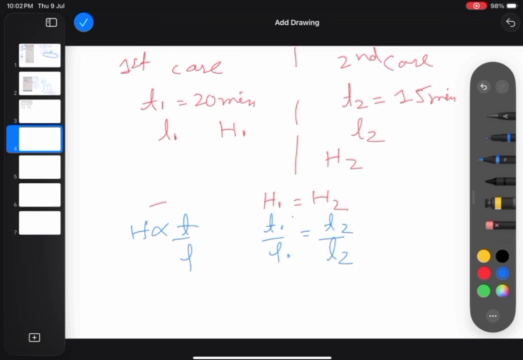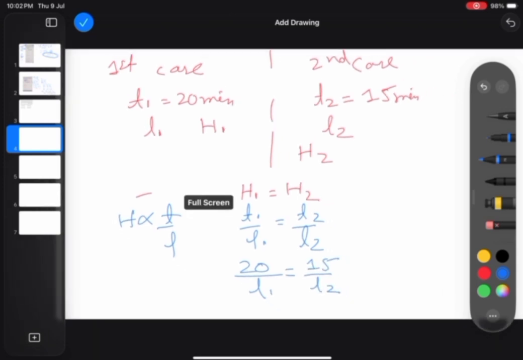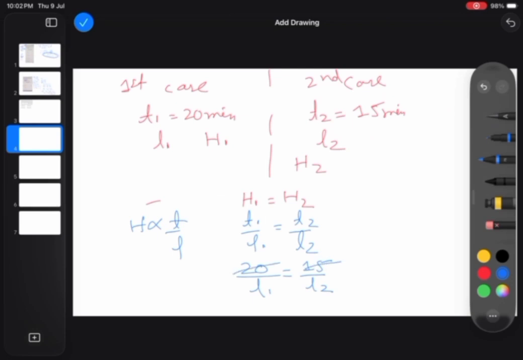Now we note that the value of T1 is 20, so 20 upon L1 is equal to T2 which is 15 upon L2. From this we got L2 is equal to 3 by 4 L1. So from this we can say that the length is decreased to 3 by 4 times of its initial length.